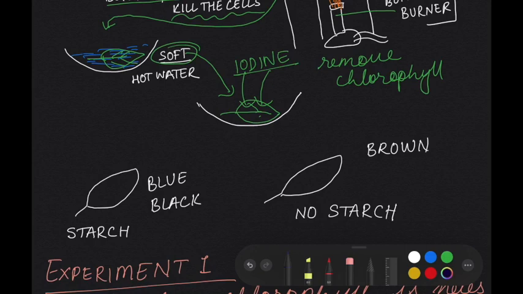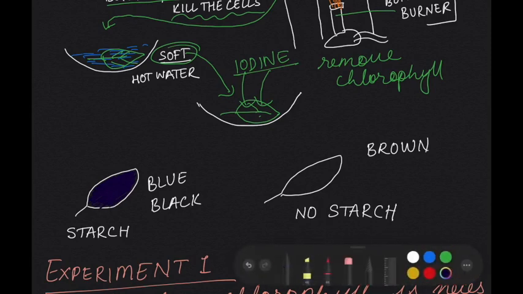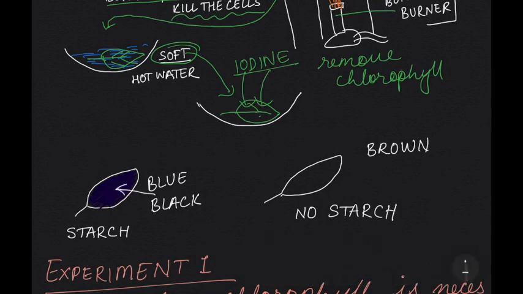When you pour iodine solution over it, that leaf will turn blue black. This is not the exact color of blue black, it is a dark blue, something like the color of your gym. This is the color that you'll get for a leaf which contains starch after pouring iodine solution on it. It turns blue black because it has starch in it.